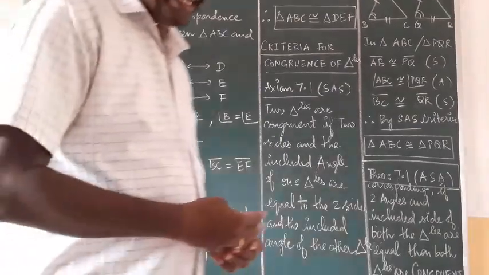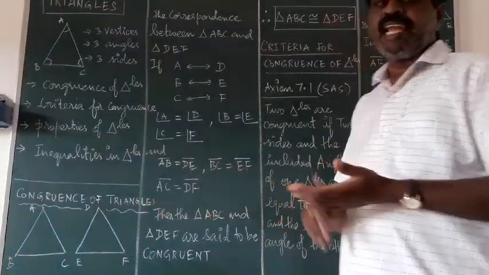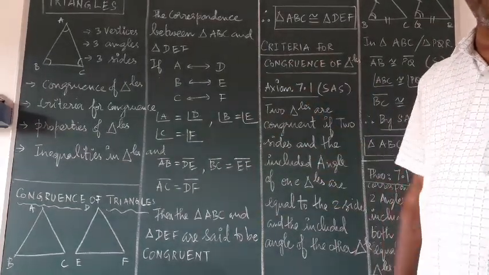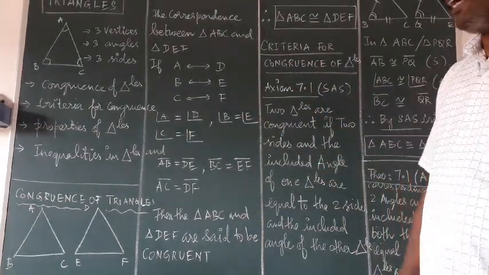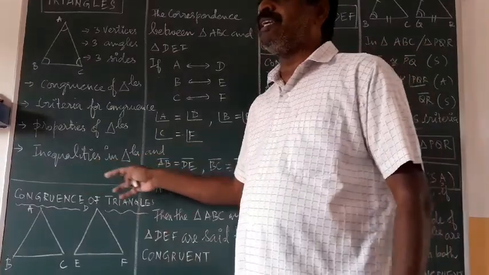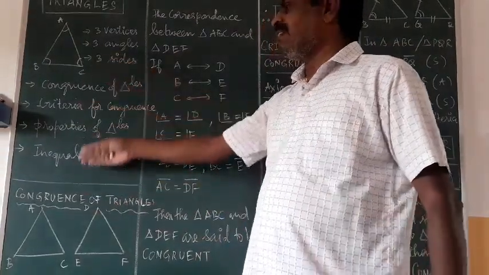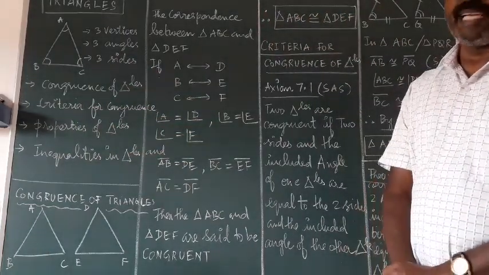A scalene triangle is a triangle that has sides of different lengths. What property exists in an inequality triangle, we are going to cover in the syllabus of the triangle chapter.